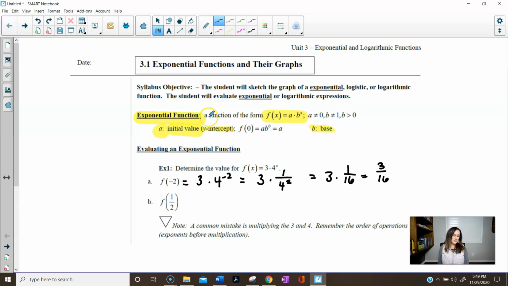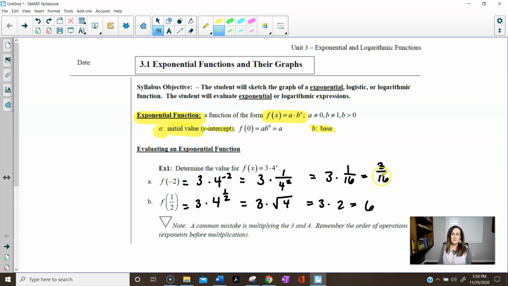And that's your solution. All right, so now let's look at f of 1/2. So this will be 3 times 4 to the 1/2 power. And 4 to the 1/2 power is the same thing as the square root of 4, so 3 times the square root of 4, which is 3 times 2, which equals 6.